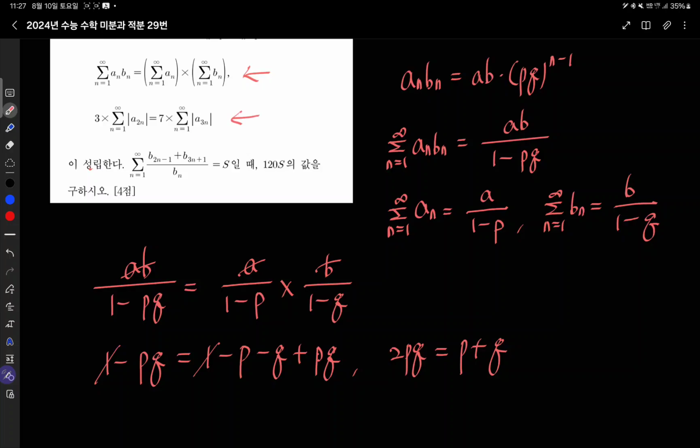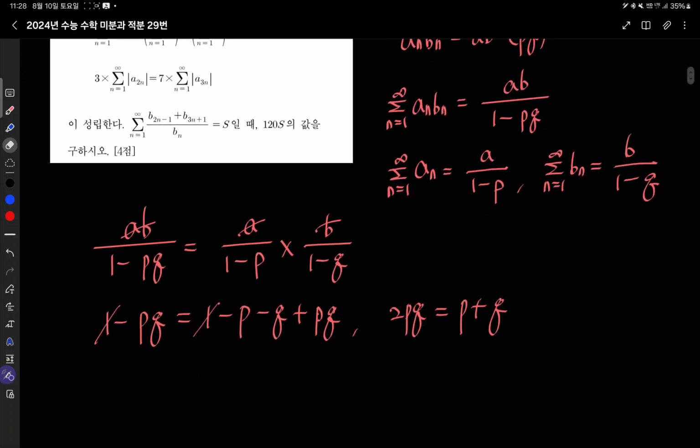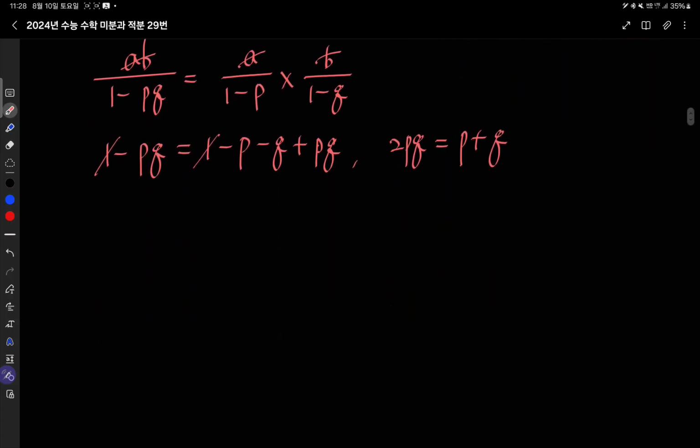And for the second equation, we need to use the absolute value. So in this case, let's assume that the first term in the sequence A is positive, and the common ratio P is negative in sequence A. In such case, the first term is positive and the second term is negative because the ratio is negative.